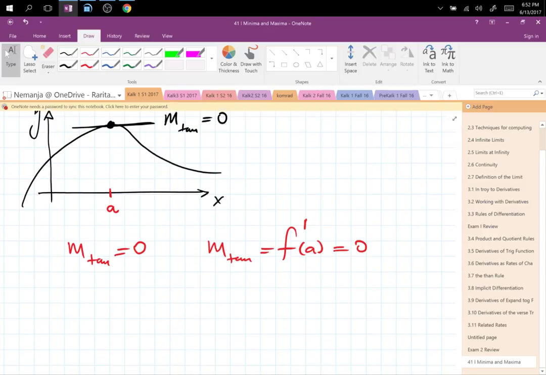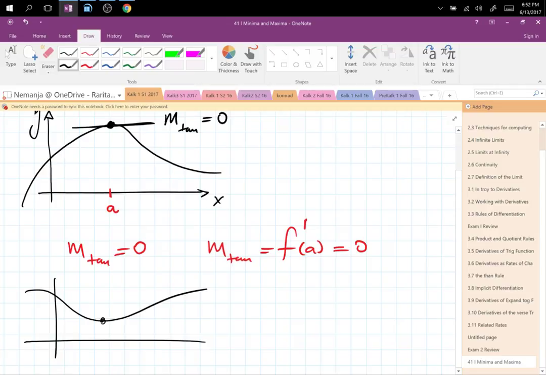Now the same thing happens if you have a minimum on the function. If you have a function that goes something like this, there's going to be a tangent line, and again m tangent is equal to 0, which means the same formula applies for both cases.